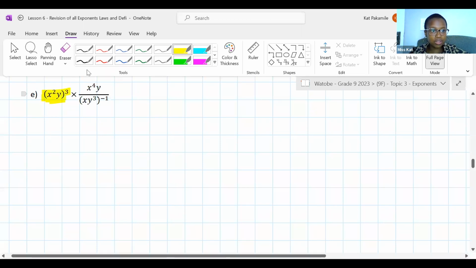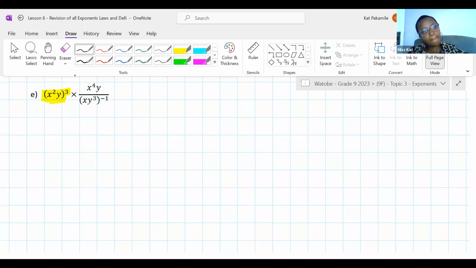Let's first deal with this part over here. Forget about the rest of the question. Which law is this one? What are we supposed to do with this? The distributive law. Now let's distribute. What happens when we get to x? You take 2 times the exponent outside. 2 times 3. Beautiful. What happens with y?